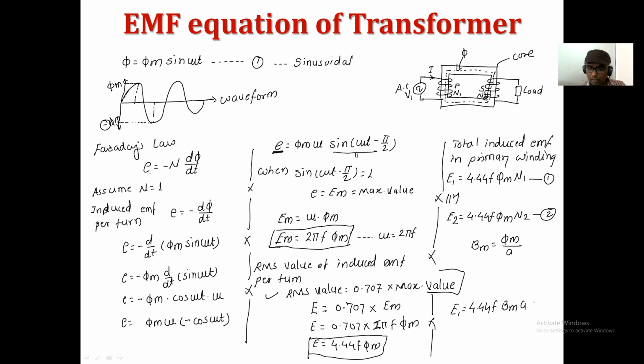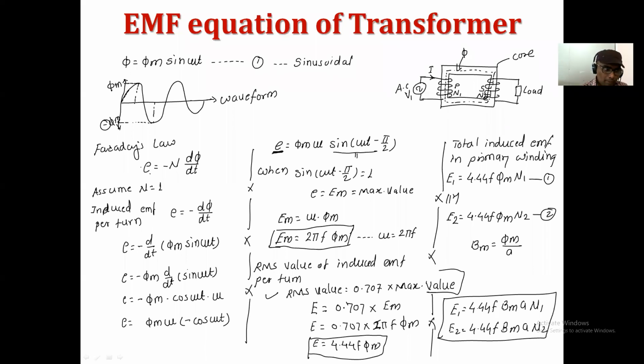BM A N1. Similarly, I can write E2 is equal to 4.44 f, phi m I replace it with BM into A N2. This is the EMF equation of a transformer in the form of maximum flux density. Is it that clear?